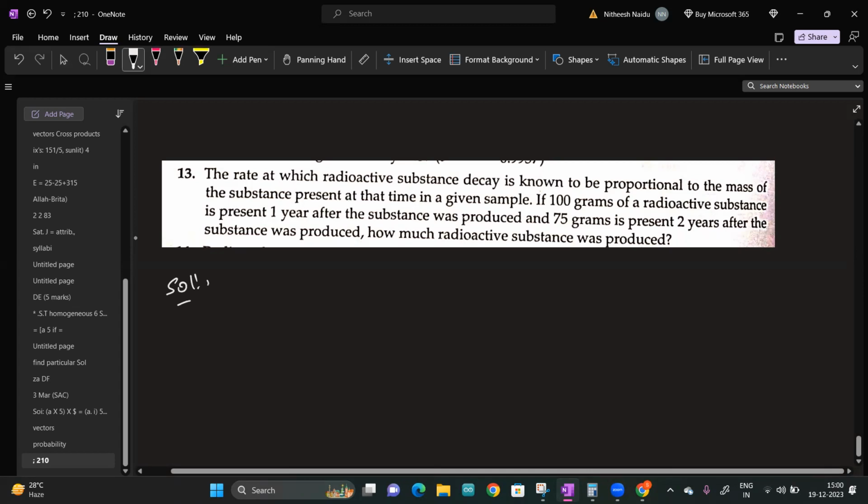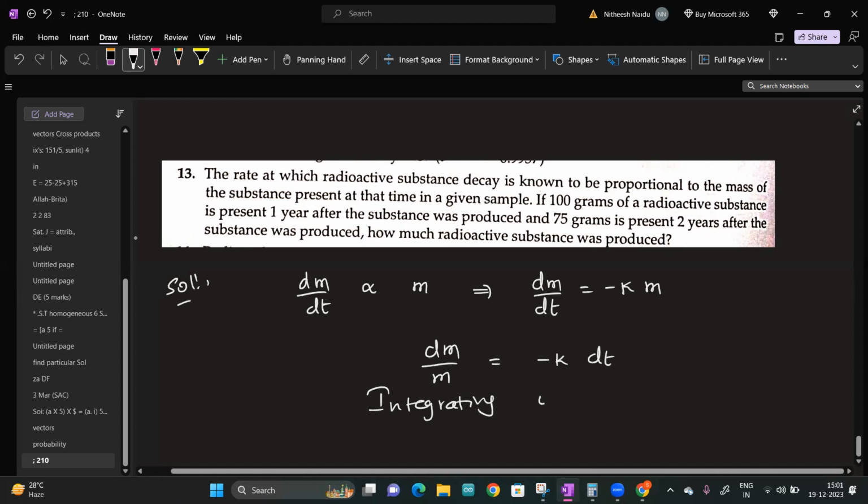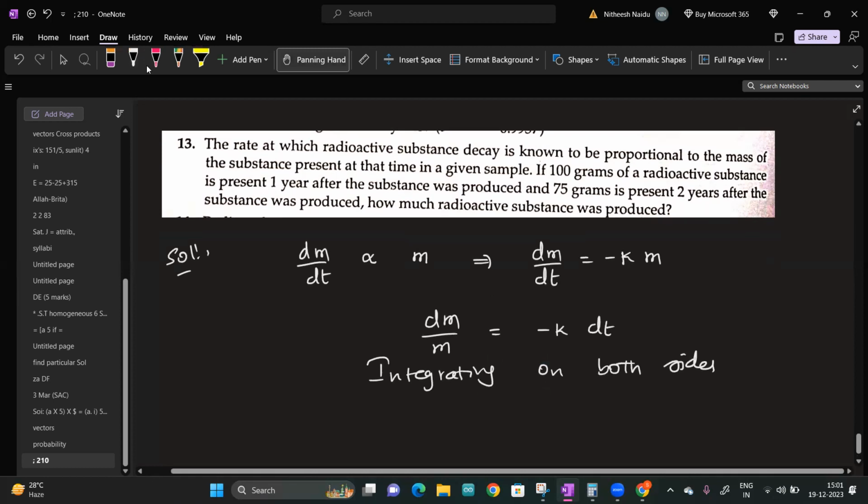So make the equation: dm by dt is directly proportional to m. So you can write dm by dt equal to minus k into m. Then dm by m is equal to minus k into dt. Now integrating on both sides, the same model we have to do here also.